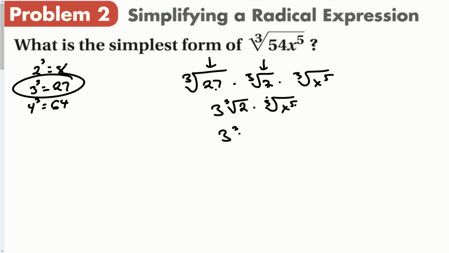I'm going to separate the x into x to the third times x squared. 3 and 2 give me 5. The third root of x to the third is just x. So now I write my answer as 3 and x, because those are the two things that came out of the radical, and the leftover inside is 2x squared.